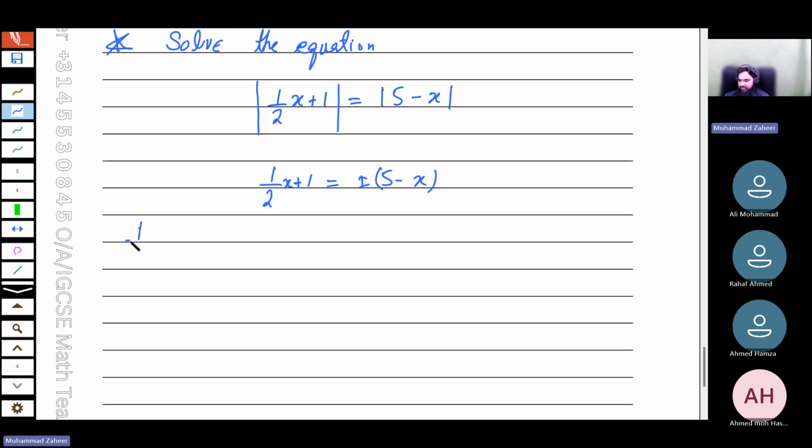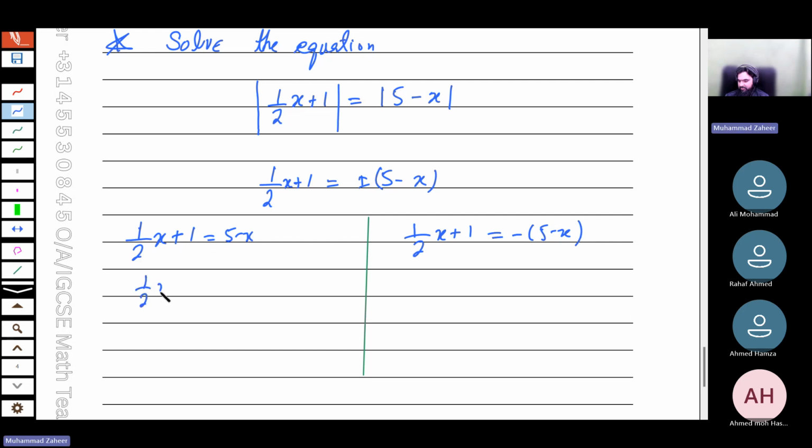Now you have to solve it with the positive sign. 1 over 2x plus 1 is equal to 5 minus x. And you have to solve it with a negative sign: 1 over 2x plus 1 is equal to minus into 5 minus x. Now let's simplify them.